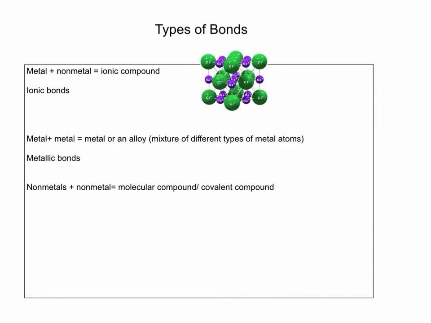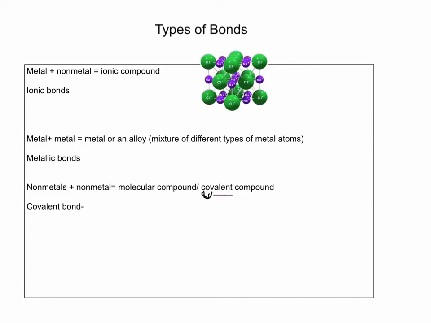The word covalent actually tells us what the bonds are like. So co means sharing or together, and valent refers to valence electrons. Covalent. These are atoms that share their valence electrons. And when they do this, the bond that is formed is called a covalent bond.